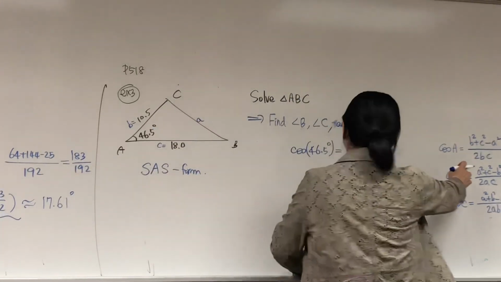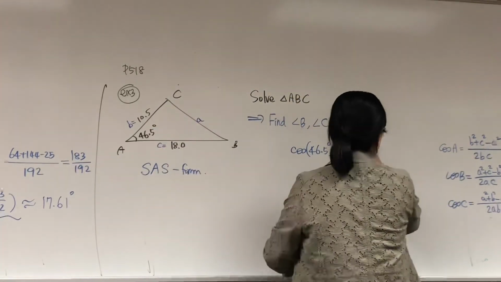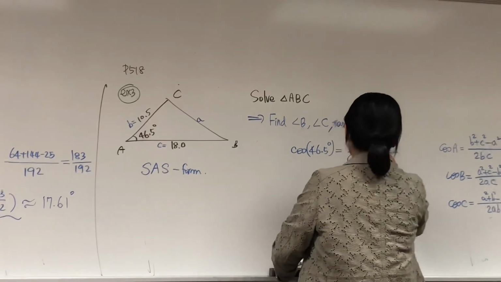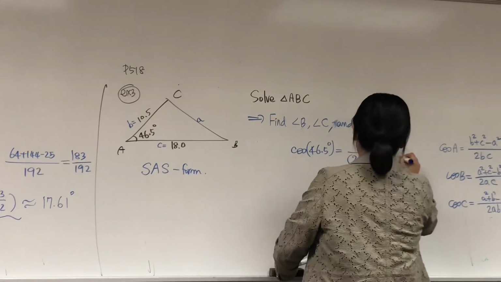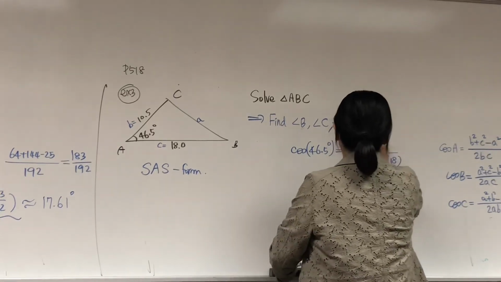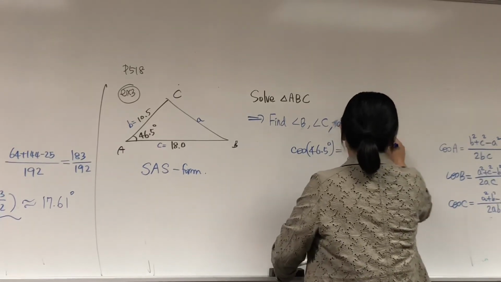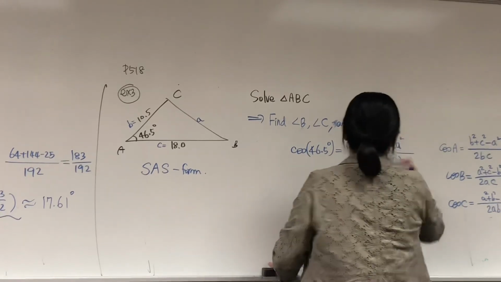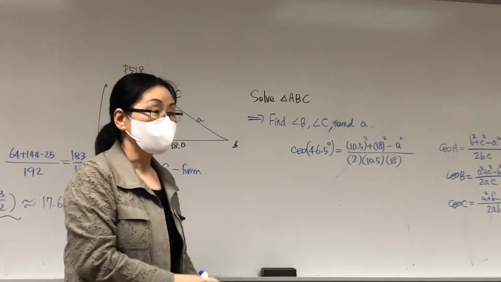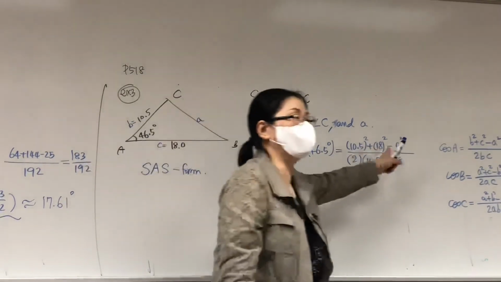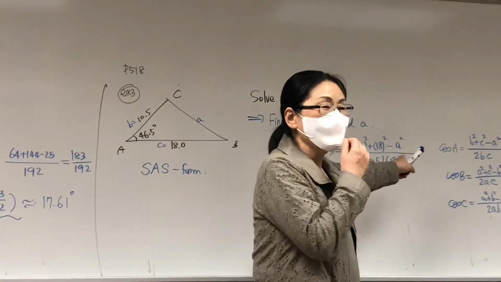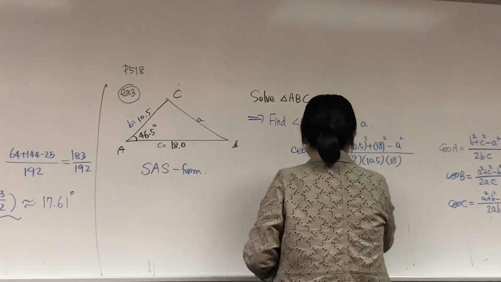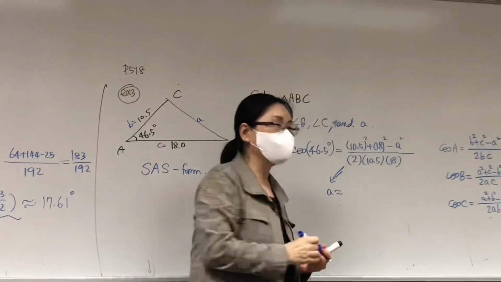So 2 times 10.5 times 18, and 10.5 squared plus 18 squared minus A squared. What is unknown? A squared. Can you solve for A?